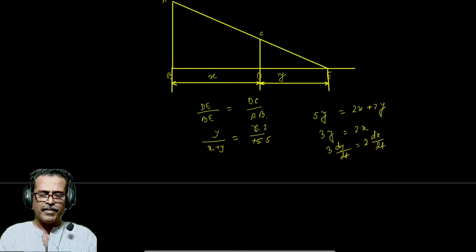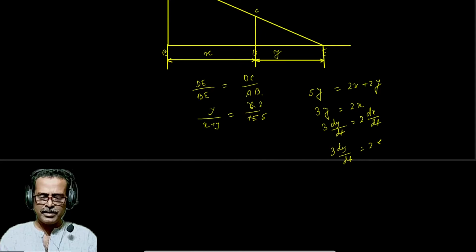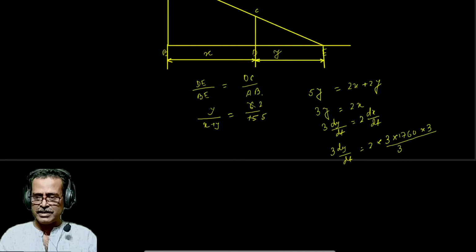dx/dt is the speed of the man, and dy/dt is the rate of increment of the length of the shadow. We have to find that value. It is equal to 2 into dx/dt, which is given, that is 3 into 1760 into 3 feet per hour, divided by 3600.